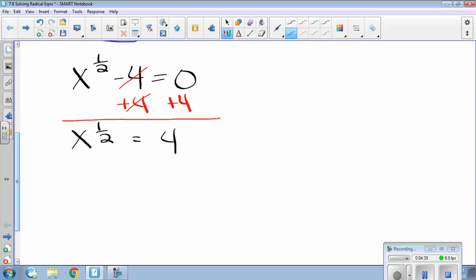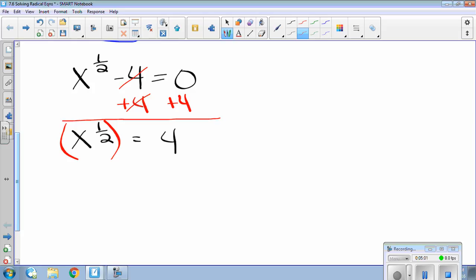Now, in order for us to get x by itself, we want the exponent to be 1. X to the 1 power is what we want, correct? When you take a power and raise it to a power, you multiply it, right? So, what do I need to raise that to make this 1/2 turn into a 1?